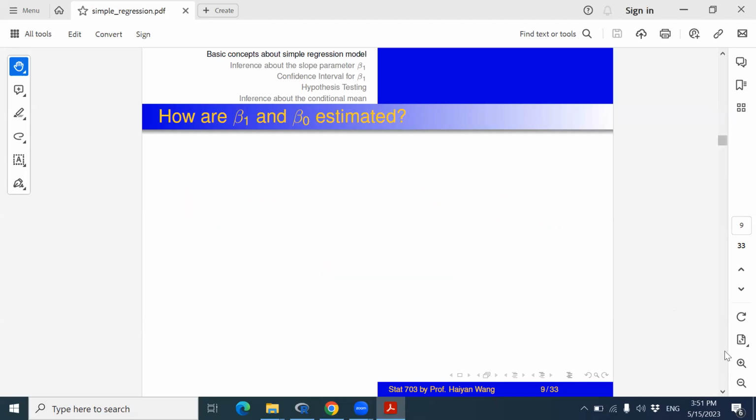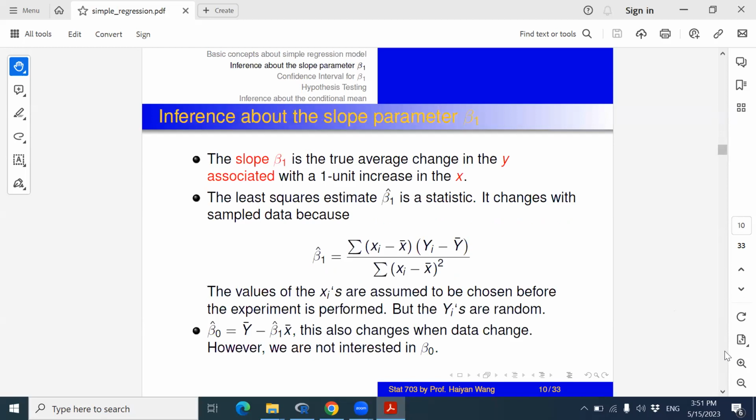So-called inference generally is talking about the fact that the estimate is a random variable. It will change from time to time, because each time you collect data, you're going to have the x and y different from the next time. Therefore, the resulting estimates beta 1 hat and beta 0 hat would also change when we have different samples observed.